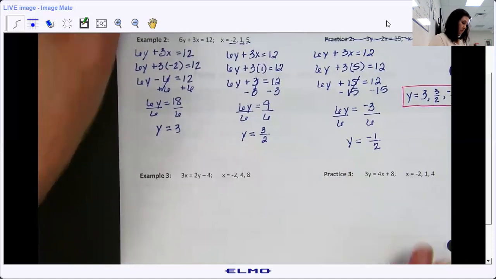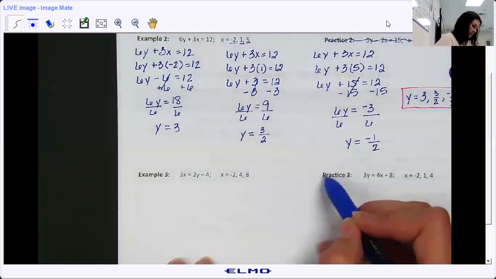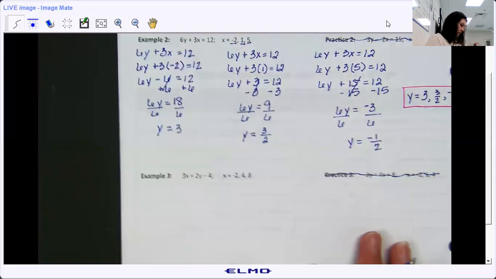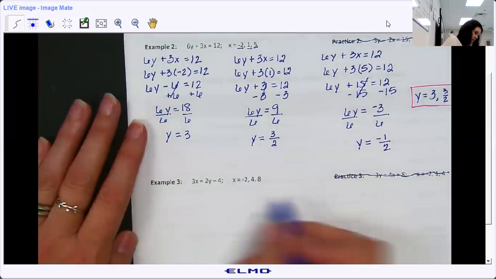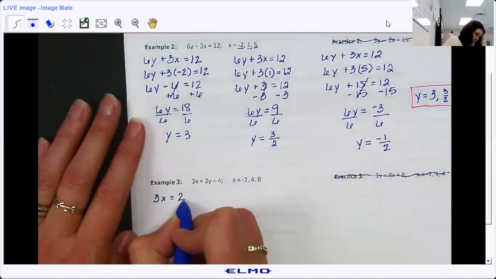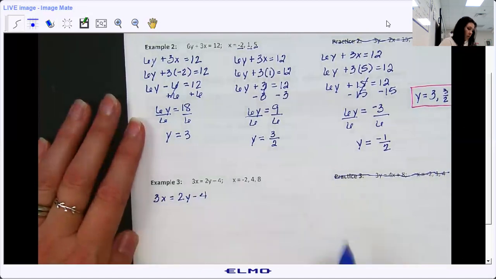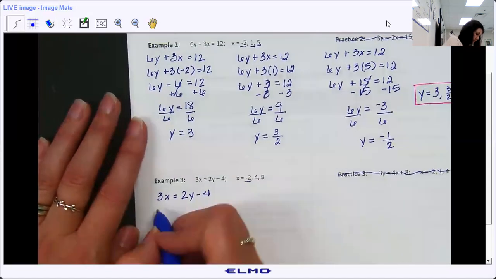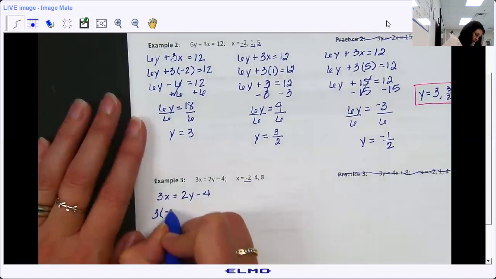Moving down, again, we're not going to do practice 3, just example 3. And we are going to write out our equation 3x equals 2y minus 4. So our question is, what is y when x is -2? So 3 times -2.